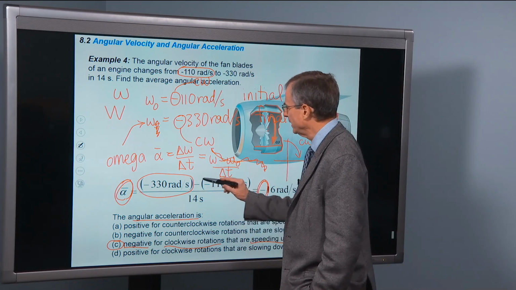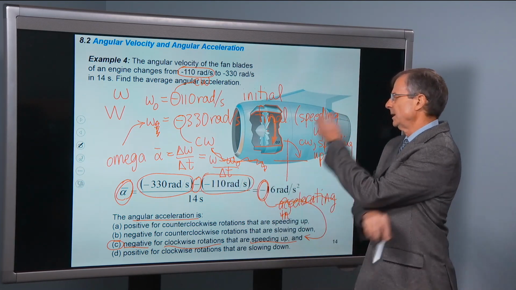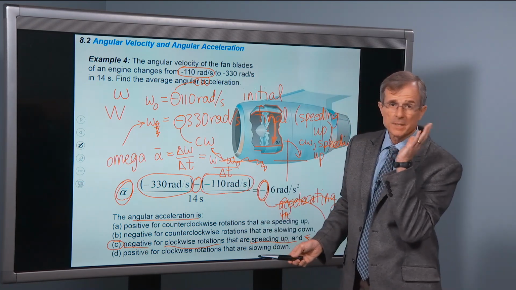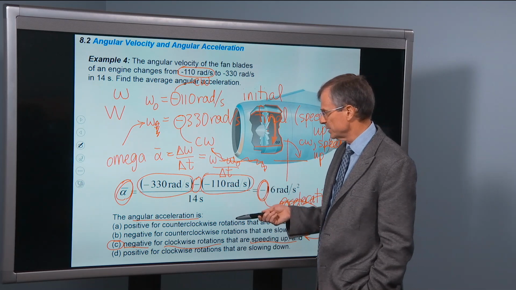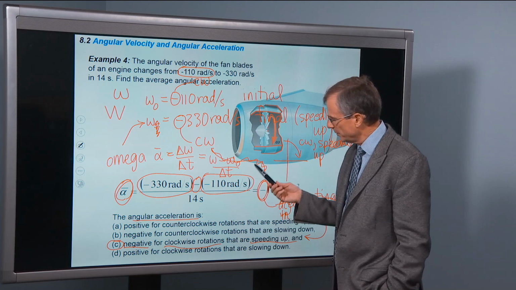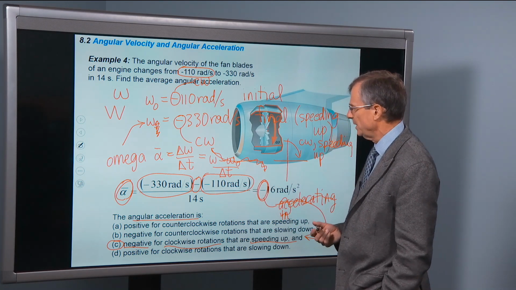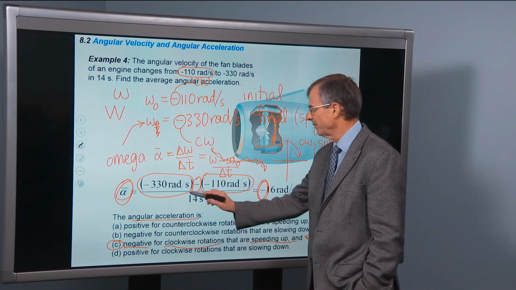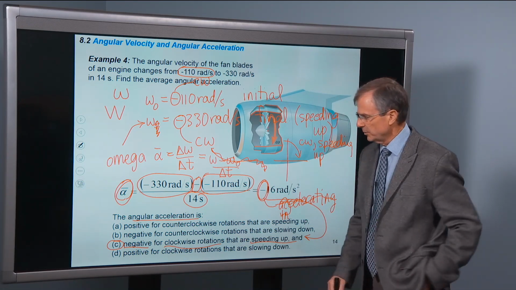We're subtracting the initial, which is negative 110 radians per second. So we get negative 330 minus a minus 110. Well, that's just adding 110 because minus a minus is a positive. And we get negative 330 plus 110, which gives me negative 220 radians per second. Then we're going to divide by 14 seconds, and we get this angular acceleration.